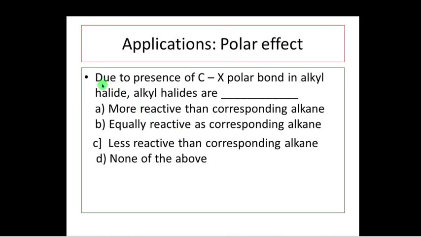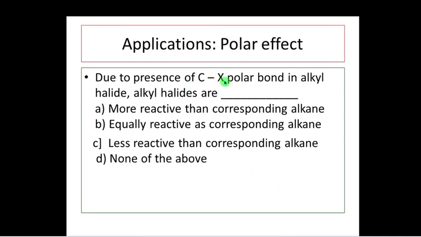The question is: due to the presence of the C-X polar bond, alkyl halides are option A, more reactive than the corresponding alkane; option B, equally reactive as the corresponding alkane; option C, less reactive than the corresponding alkane; option D, none of the above.